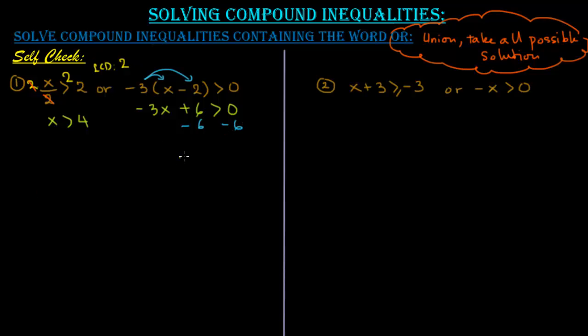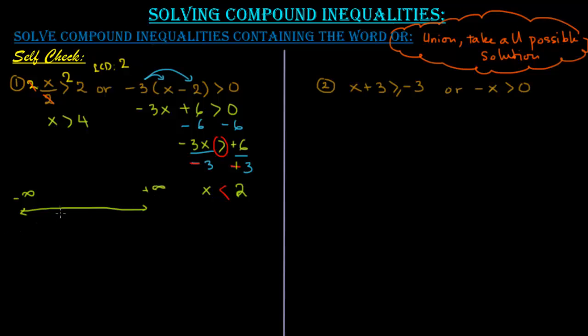We will have negative 3x greater than negative 6, and we divide by negative 3 on both sides, and that will give me x. Since we divide by a negative number, again flip the inequality sign to less than, then negative 6 divided by negative 3 gives me positive 2.